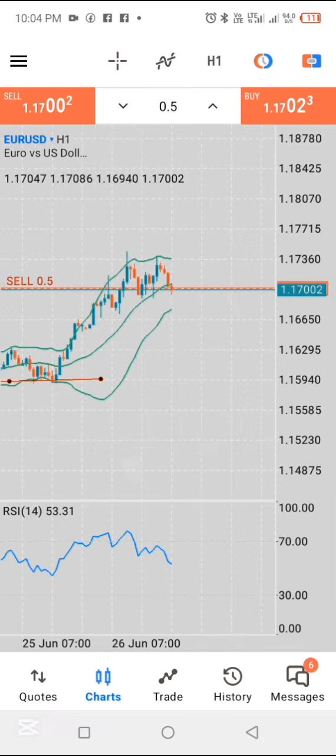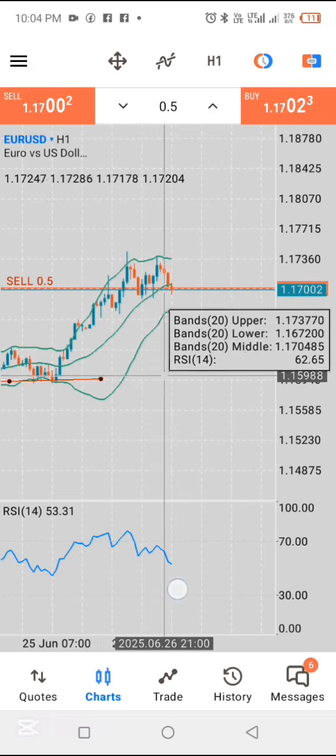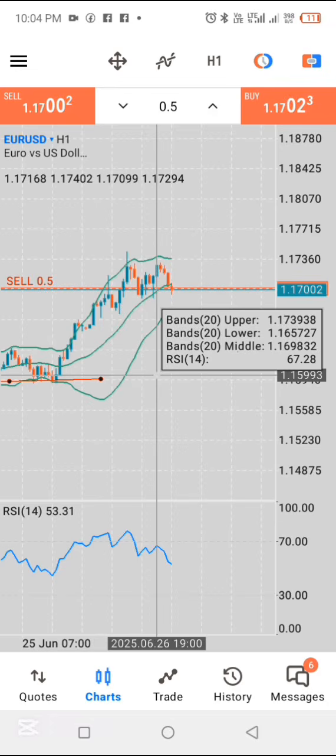Now this trade here actually matched with the overbought region.